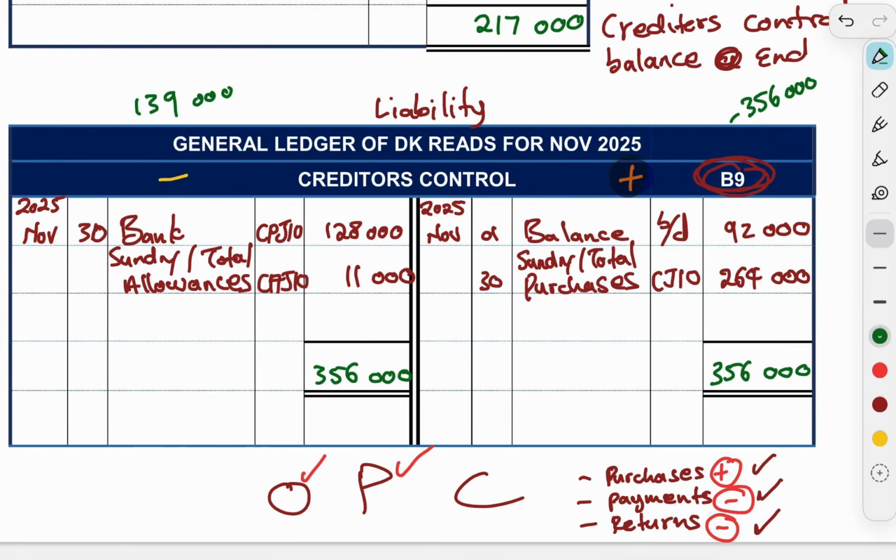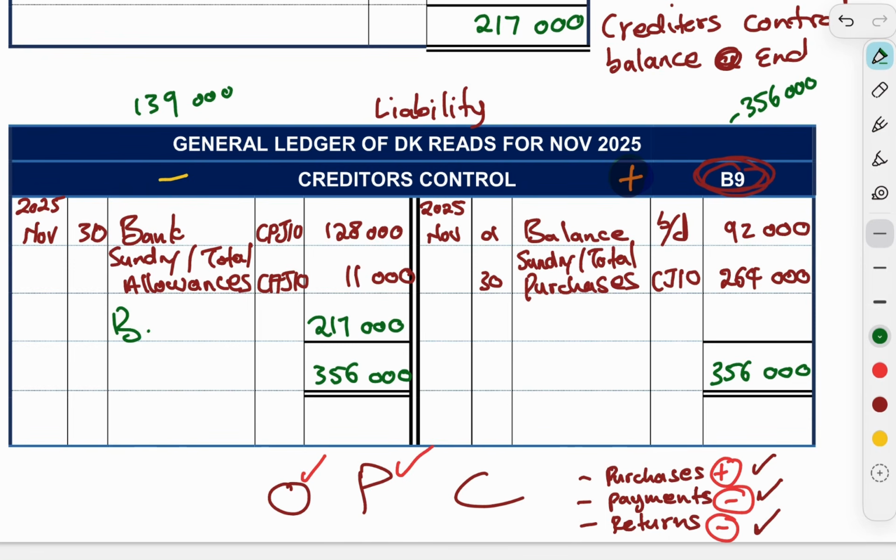Okay, so you need to make the smaller side the same as the bigger side. So how much is missing on the smaller side? If you say 356,000 minus 11,000 from the debit side minus 128,000 from the debit side, you will get 217,000, which is the balancing figure, the missing figure to get to 356,000.